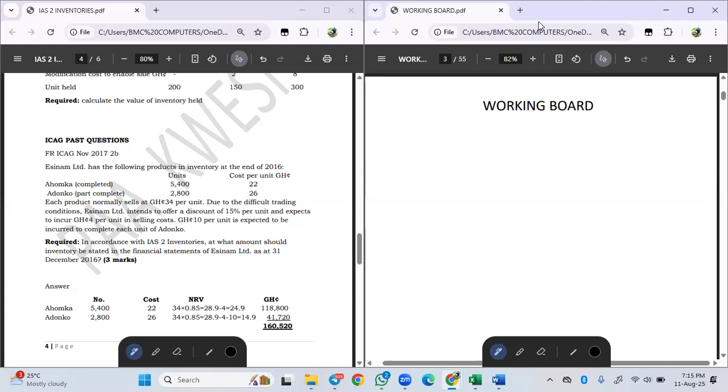Due to the difficult trading conditions, Esinam Limited intends to offer a discount of 15% per unit and expects to incur 4 cedis per unit in selling cost. 10 cedis per unit is expected to be incurred to complete each unit of Adonko. Required: in accordance with IAS 2 Inventories, at what amount should inventory be stated in the financial statements of Esinam Limited as at 31st December 2016?